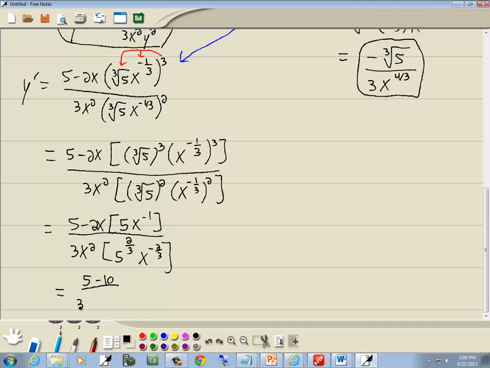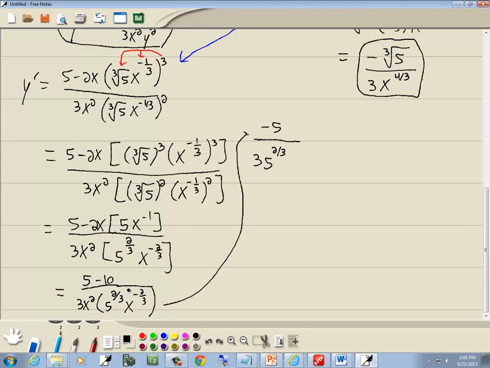Okay, down below here we got 3x squared, and then 5 to the 2/3, and then x to the negative 2/3. Okay, 5 minus 10 is negative 5. Then 5 to the 2/3.